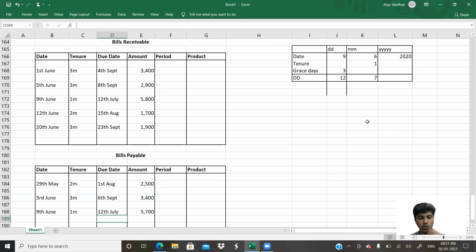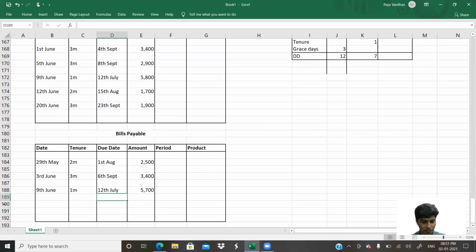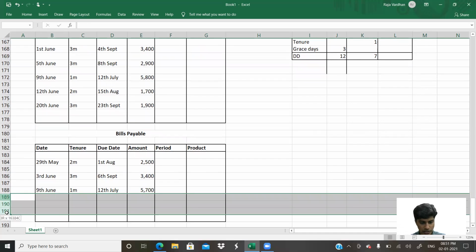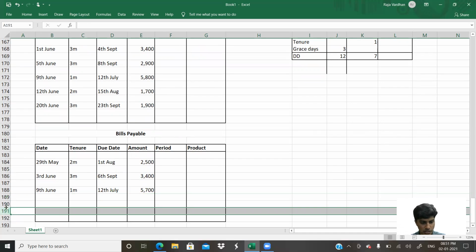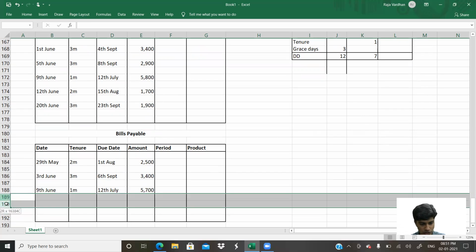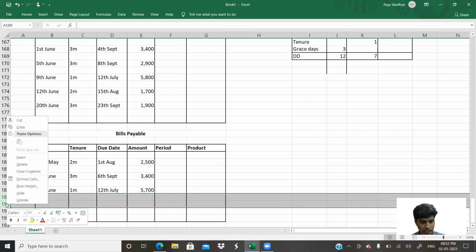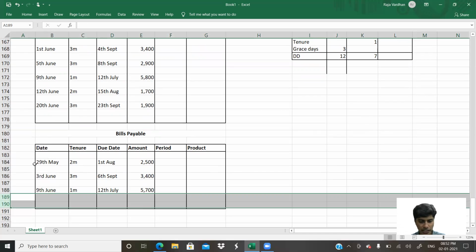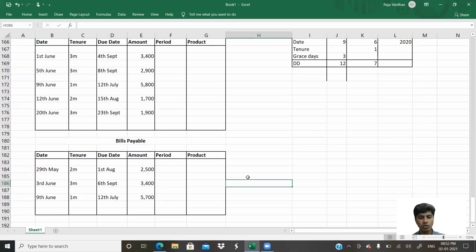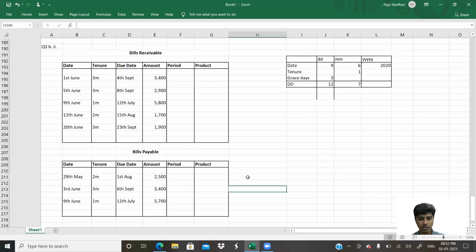After you identify the due dates for all the transactions, you would have to identify the earliest of the due dates and then take it as the base date. A lot of times you might have seen questions which take other than the earliest due date as the base date, but I highly recommend taking the earliest due date only as the base date.